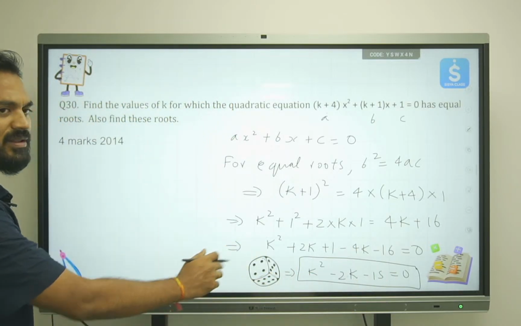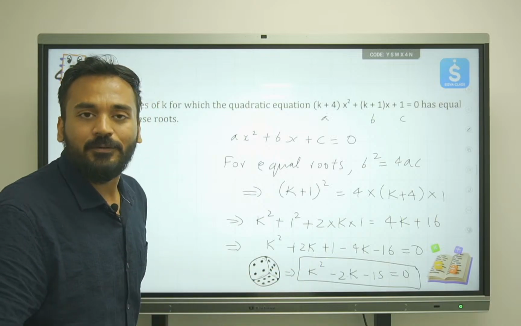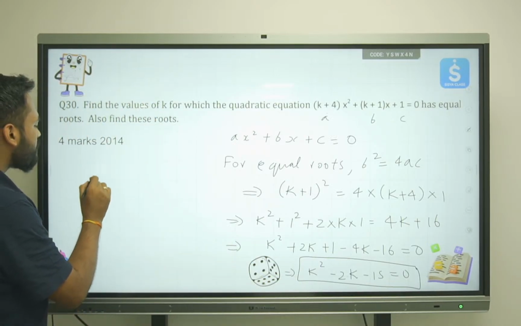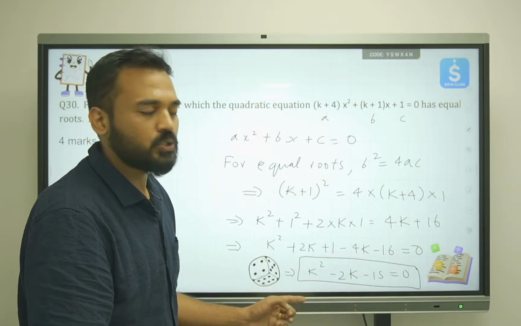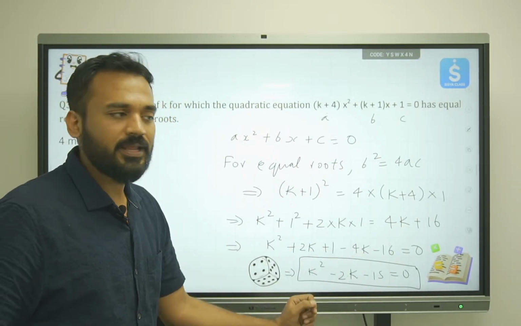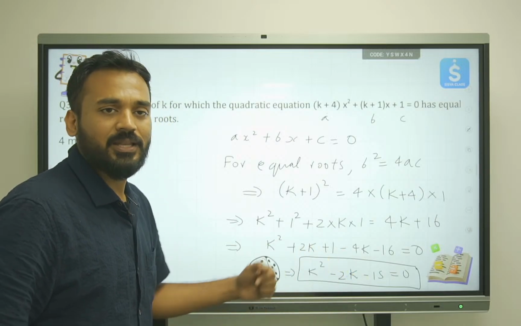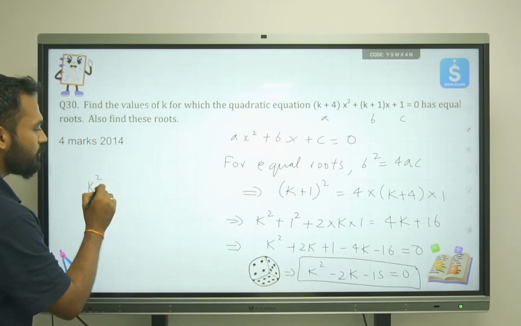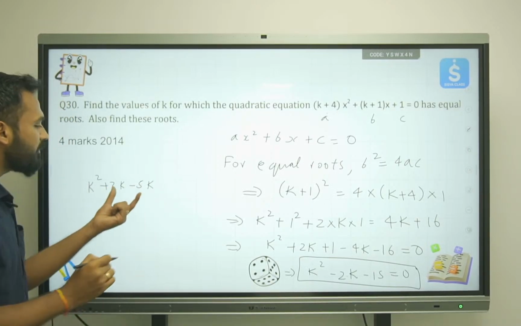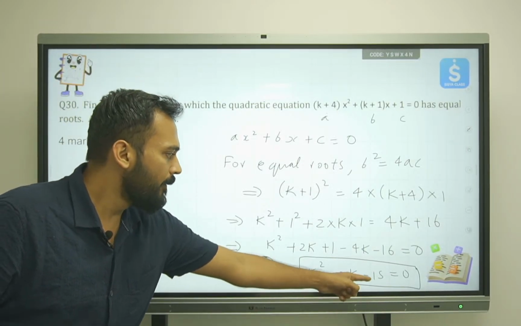Let's try to solve this quadratic equation to get the values of k. When we solve this, you will see we can split minus 2 into 3 and 5, because 3 times 5 is 15 and 3 minus 5 is minus 2. So k square plus 3k minus 5k minus 15.